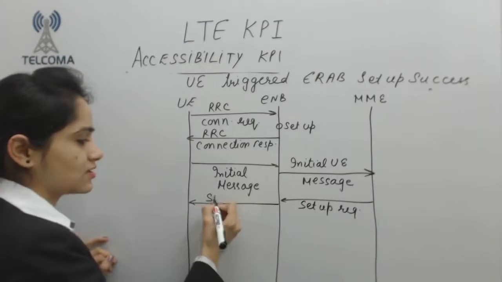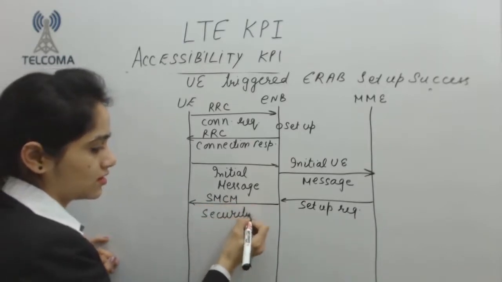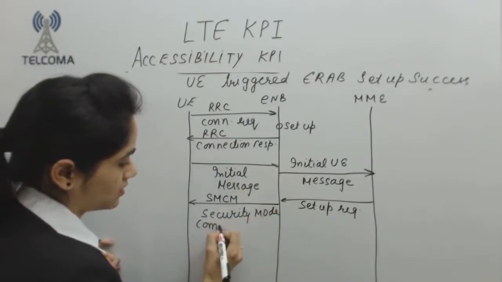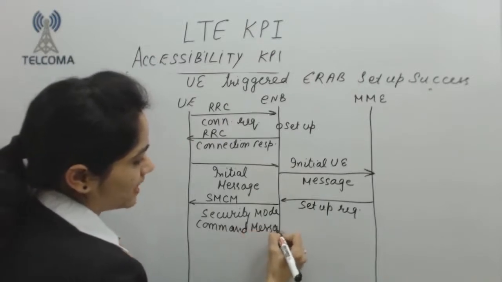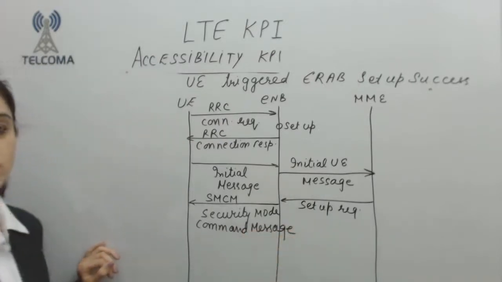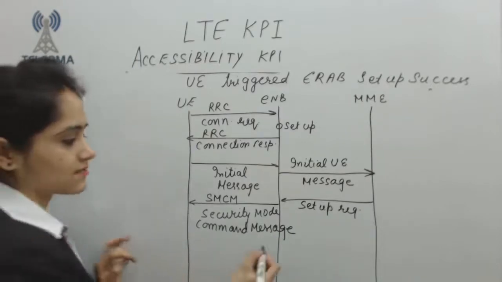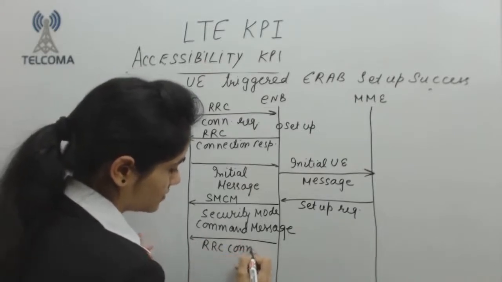So there is a security mode command message, as security is applied only when the UE is triggering for something. With this we have RRC connection reconfiguration.